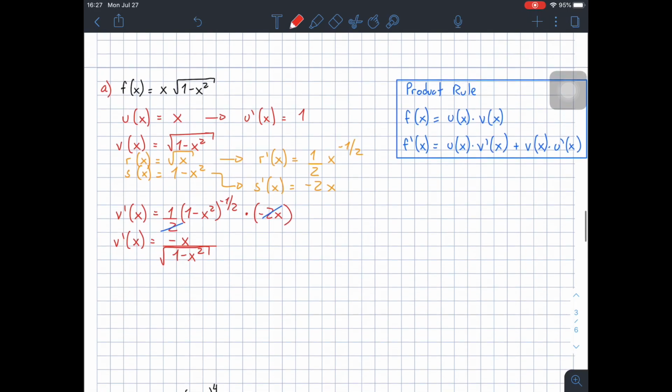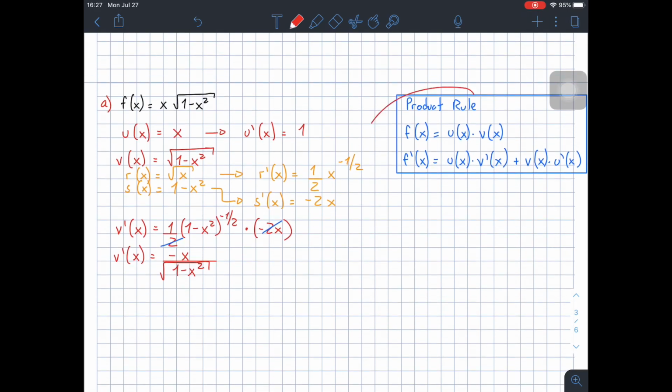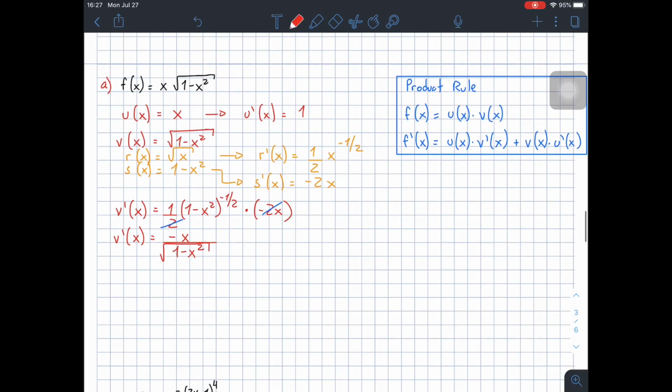Okay, this is still not over, because now I need to apply the product rule, right? In order to be able to find f prime of x, which is what I wanted to find from the beginning, I need to apply the product rule.